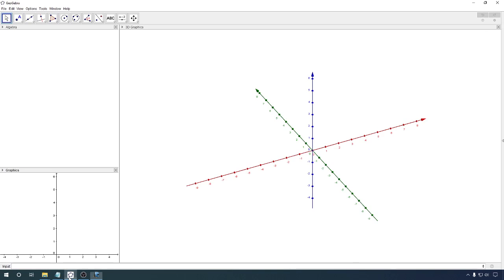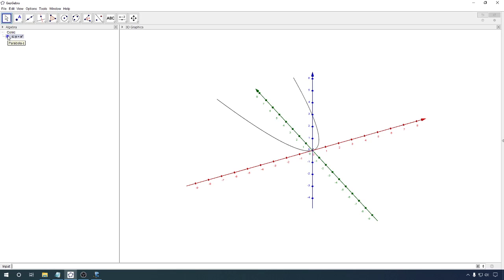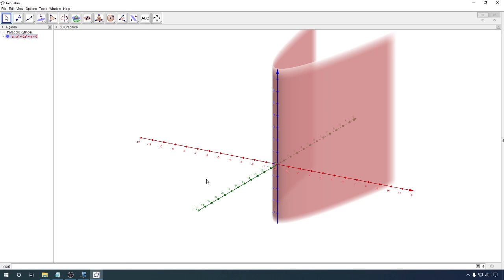If we actually go ahead and graph those, let's graph them all as surfaces. So we have y equals x squared. Sometimes GeoGebra can be a little finicky about whether it's going to turn something into a cylinder, or if it's just going to graph it as a function in the xy plane.